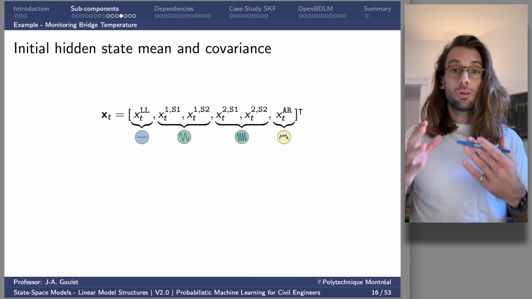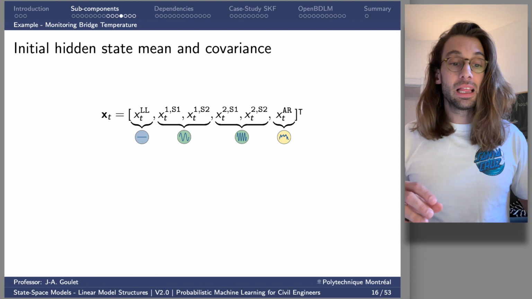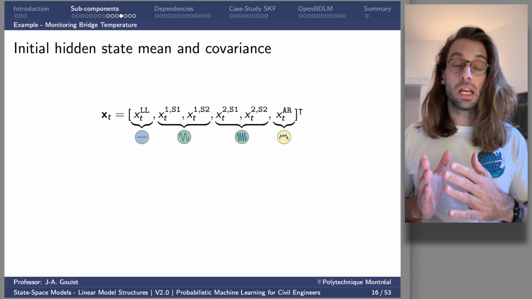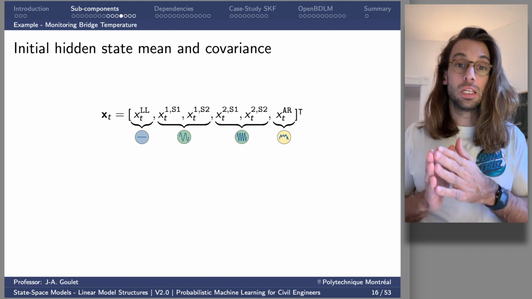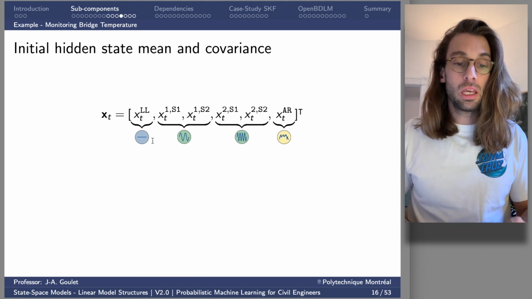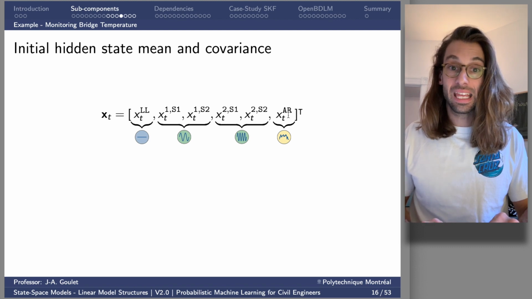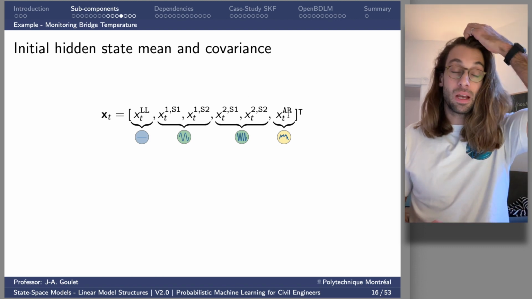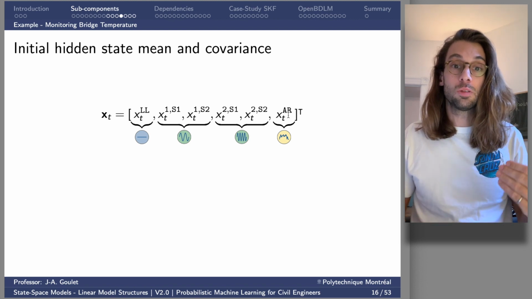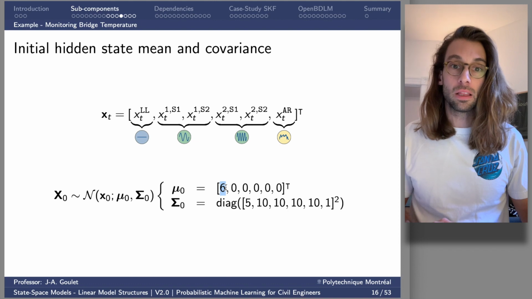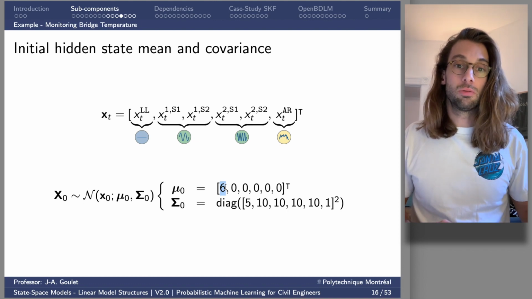Okay, so in order to analyze my data, I'll need to define an initial expected vector and initial covariance for my prior knowledge at time t equals 0. So here, if I have 1, 2, 3, 4, 5, 6 hidden states, I'm going to have an expected vector with 6 values and a covariance matrix 6 by 6. So in that case, I'm going to assume that my expected value for the temperature is 6 degrees Celsius.